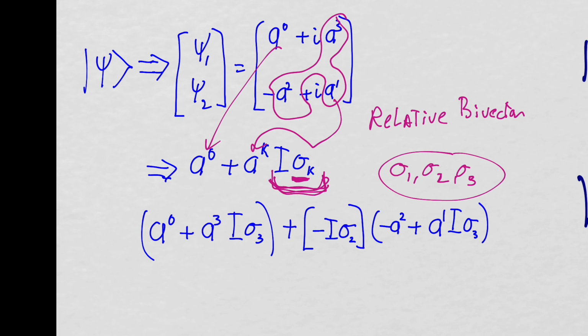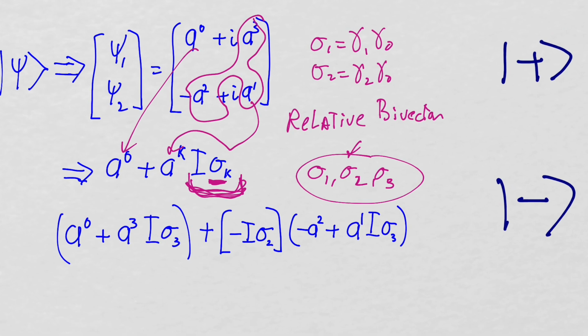So this I sigma k is going to be a bivector. But what's interesting is that a bivector of these three guys, when you understand the definition, where sigma 1 is gamma 1, gamma 0, sigma 2 is gamma 2, gamma 0, and sigma 3 is gamma 3, gamma 0.